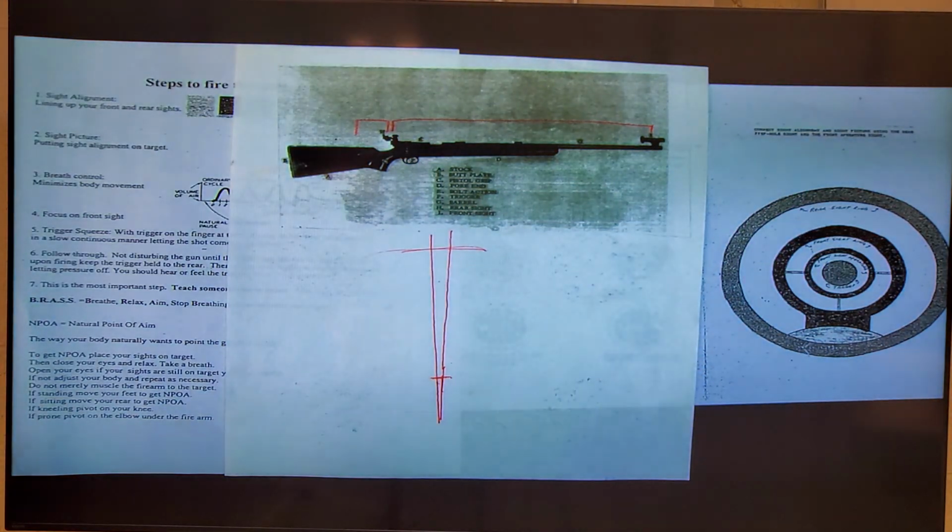When you get up close to the sight, you look through that pinhole. Then out on the other end of the rifle, you'll find your front sight. Like that. So that is sight alignment. That's kind of what you're going to see.